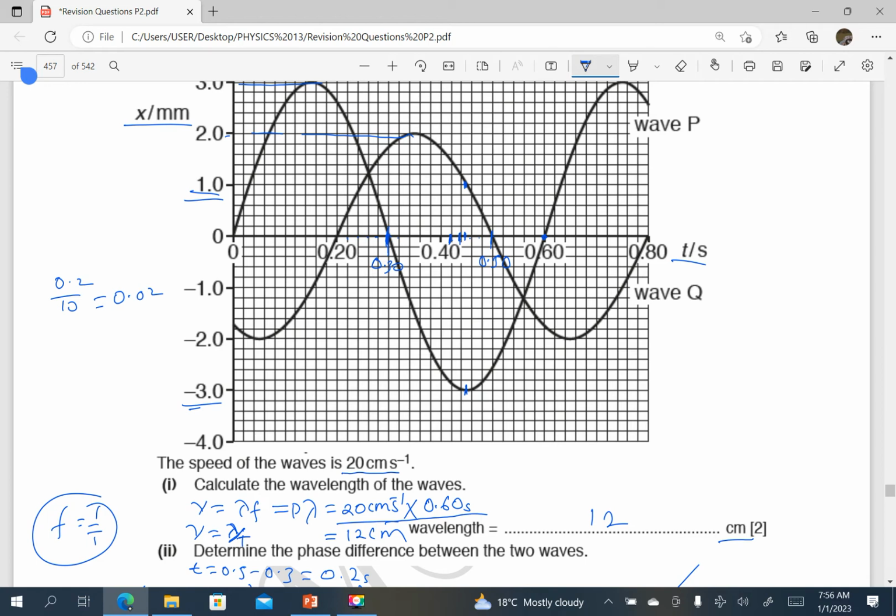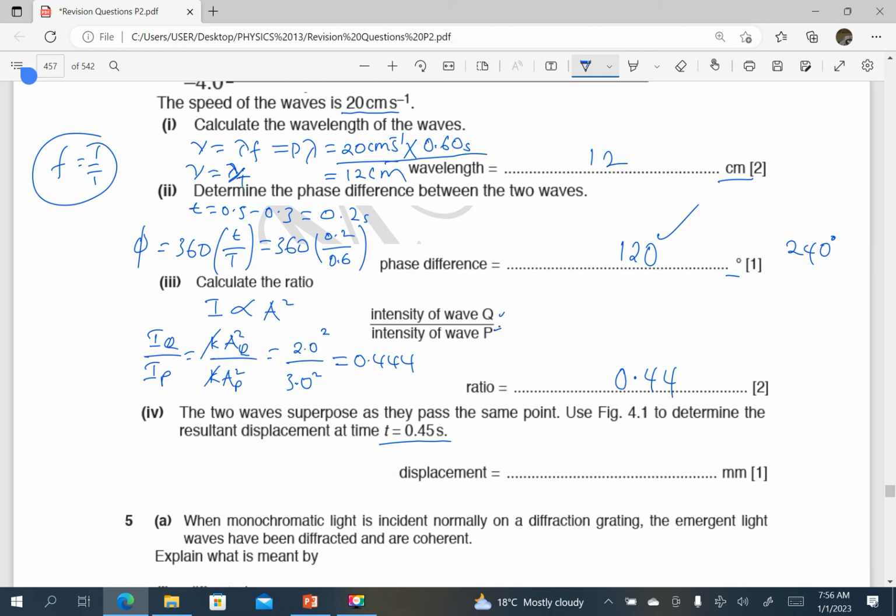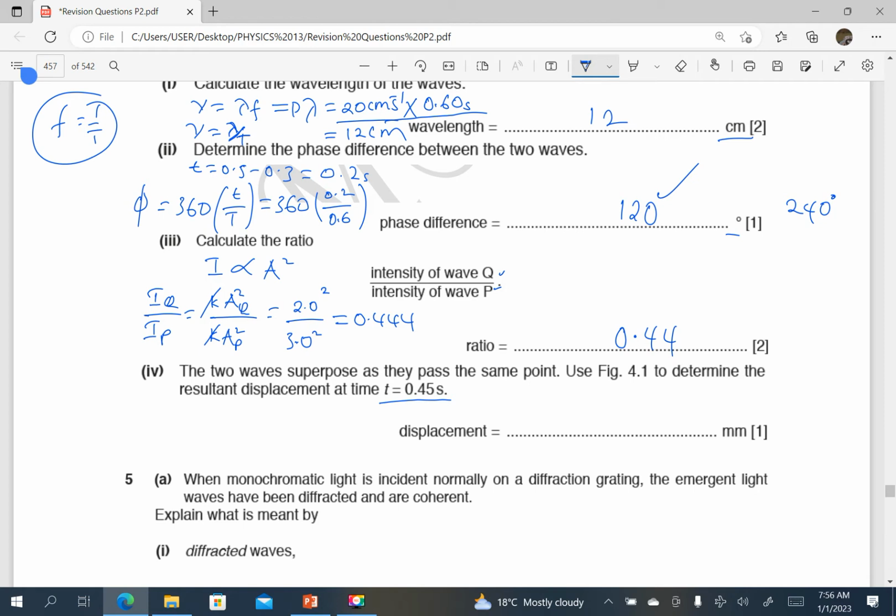So we want the total displacement according to the principle of superposition. It is going to be the algebraic sum of those amplitudes. So we have 1.0 for Q plus negative 3.0 for P, and the total here is negative 2.0. Therefore, the amplitude here is going to be negative 2.00 millimeters, or negative 2.0.